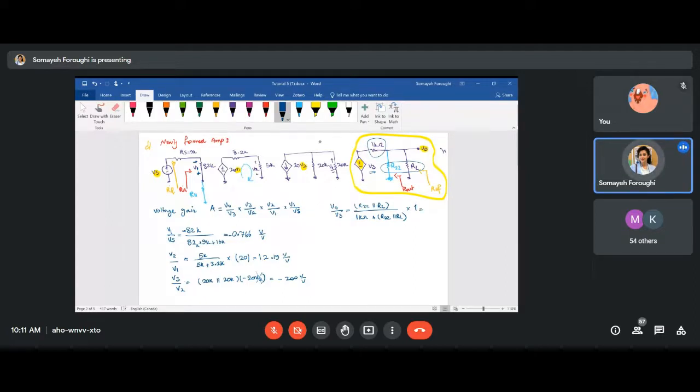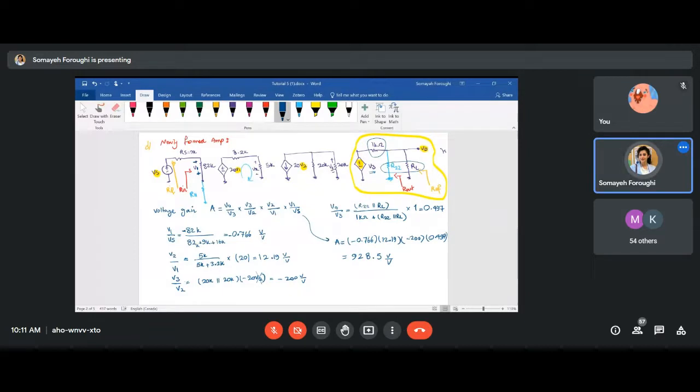So finally you will have 0.497. Then finally, altogether for finding A, you have to multiply everything together. So you will have this times 1219 times negative 200 times 0.497, and your voltage gain will become 928.5 volt per volt.